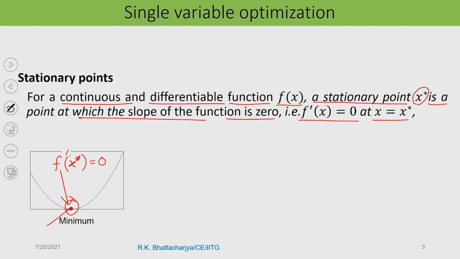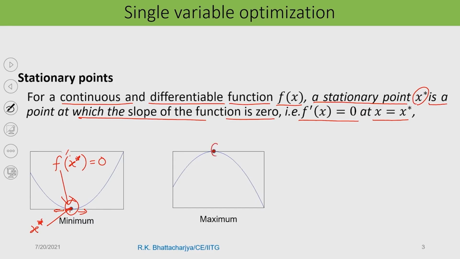If I go slightly right hand side or left hand side, my function value will increase. That means this is the minimum point of this particular function. If you go in this direction or in this direction, the function value will increase. Therefore, this particular point is a minimum point.